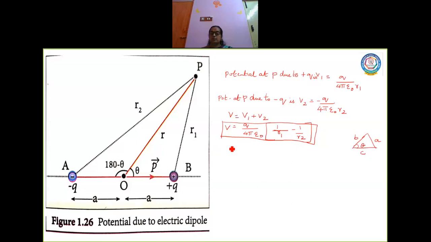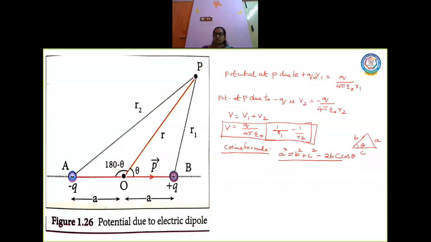With this formula we are going to get the value of 1 by r1, so I will write this formula here. The cosine formula is a square equal to b square plus c square minus 2bc cos theta.